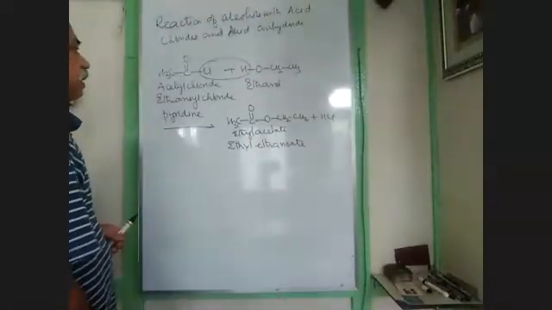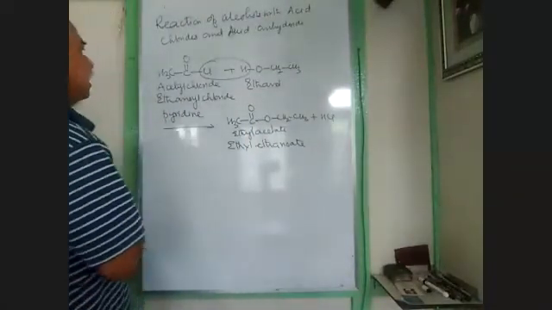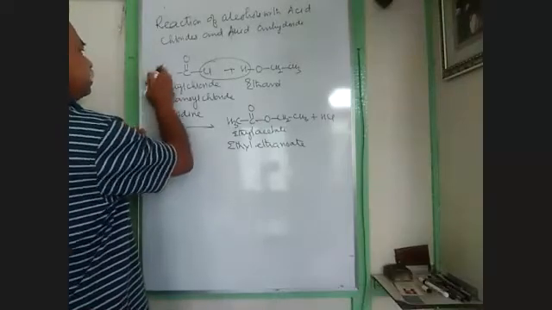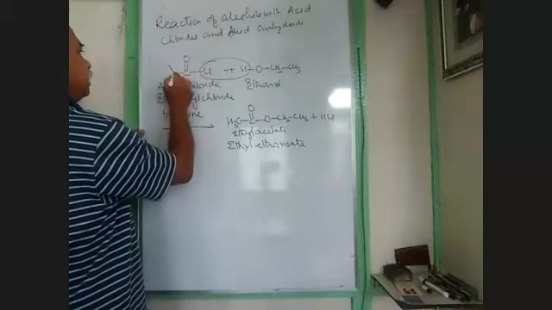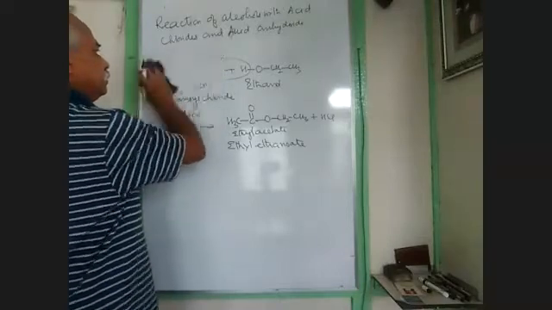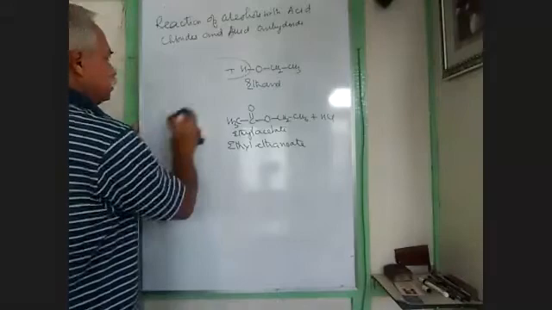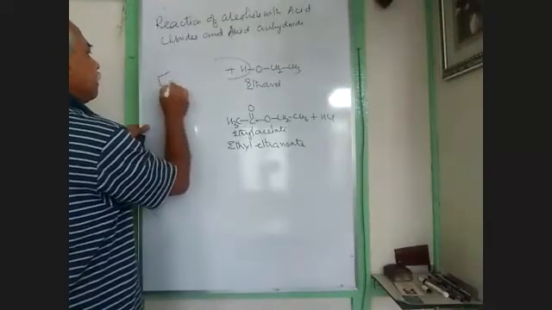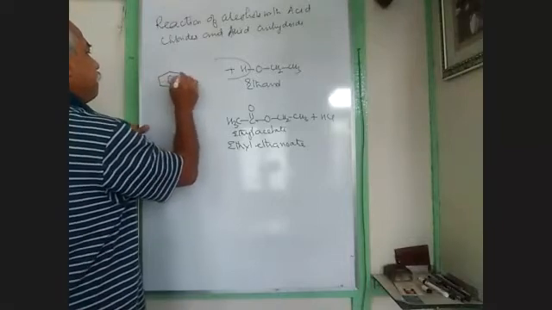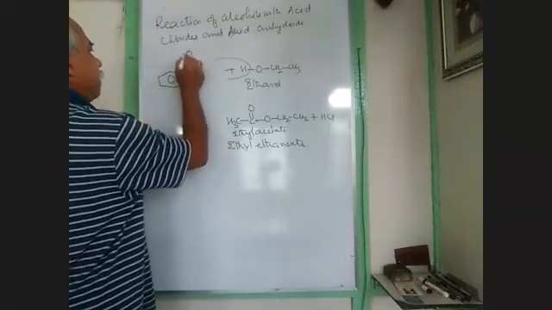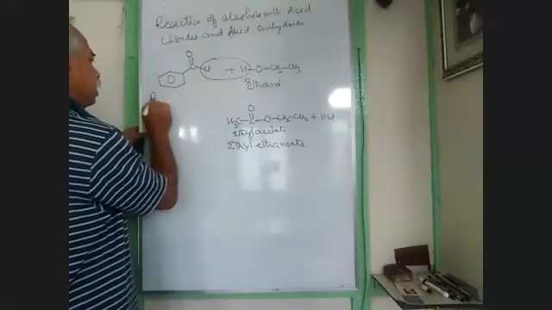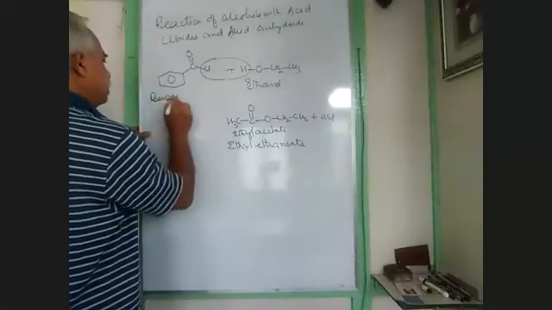So now let me write an aromatic acid chloride. Let me write it like this. This is called benzoyl chloride.